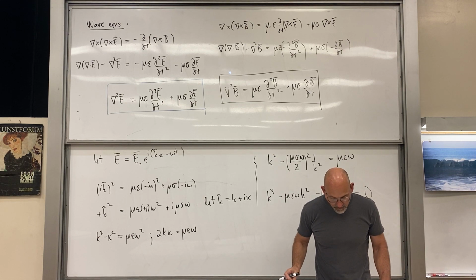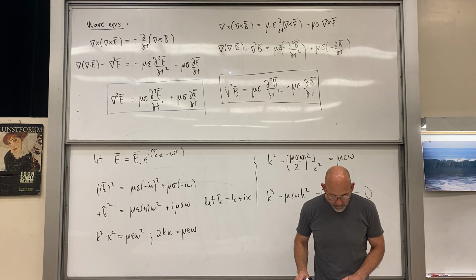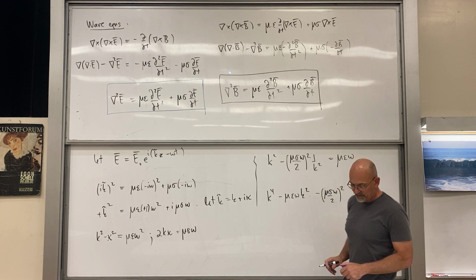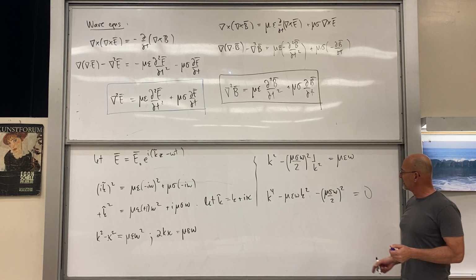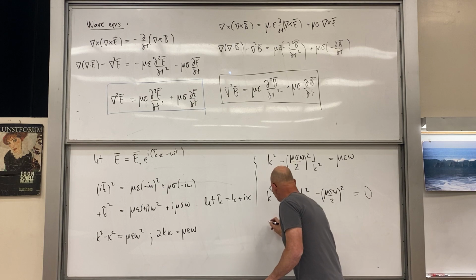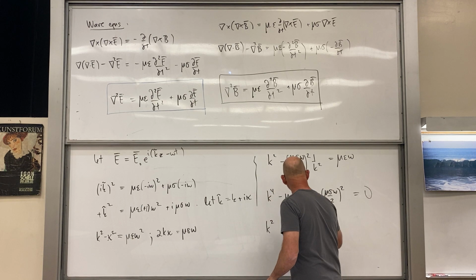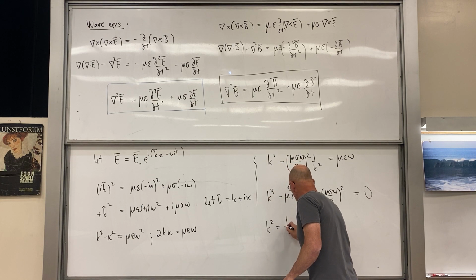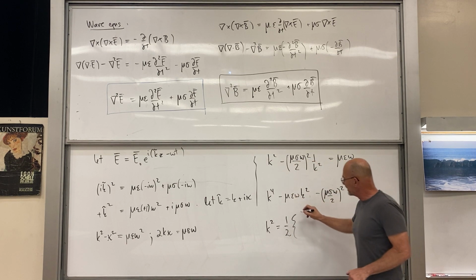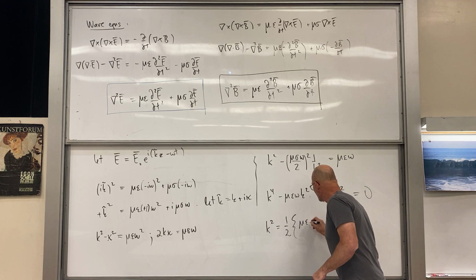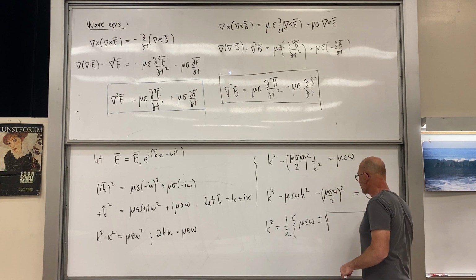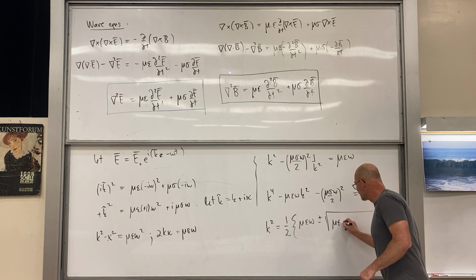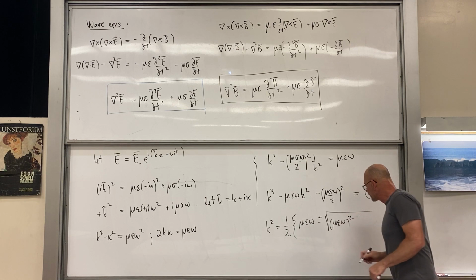Let's see how we're doing here. Sigma omega over 2 squared. Yes. Good. So now we're going to solve this quadratic for k squared. As luck would have it, k squared is equal to one half, so negative b, so mu epsilon omega squared, plus or minus the square root of the quantity mu epsilon omega squared, squared.